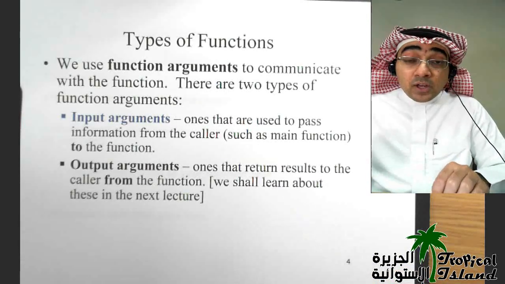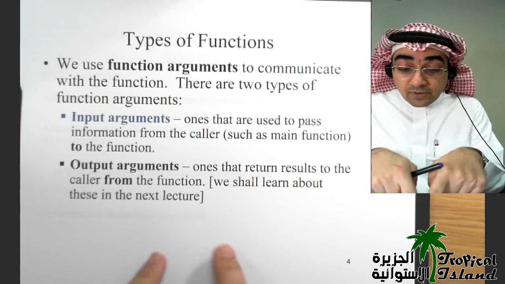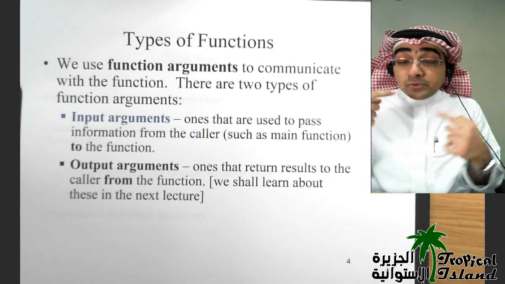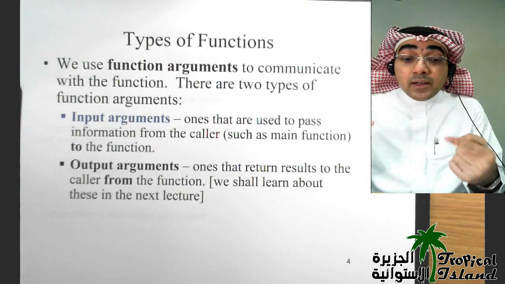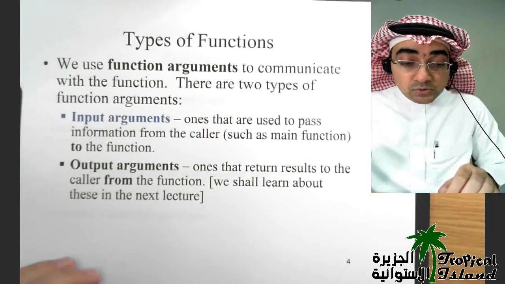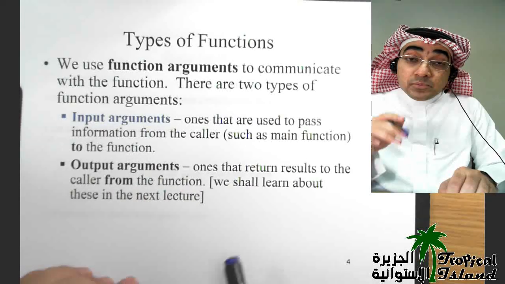calculations in your brain. Okay, so you have input, you use your senses to do the input. You might read them from an exam, you find them written on a paper, so you read them using your eyes, or when I'm talking to you I can give the input using your ears. You can take the inputs, but all of them are translated inside your brain to variables that you're actually storing them into. Okay, so input arguments are arguments that you actually provide to a function.